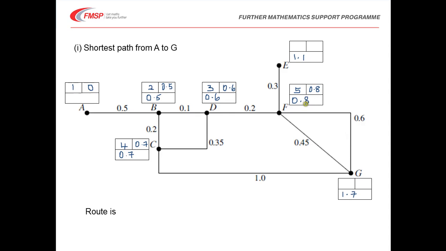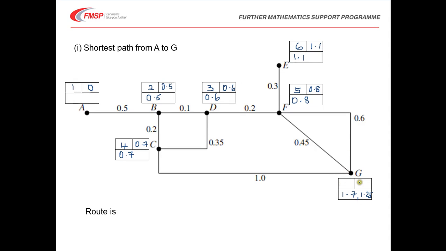So 0.8 plus 0.45 is definitely smaller than 1.7 because it's 1.25. So we're going to replace that, and that now is our temporary label. So we look at our temporary labels, and we've got a 1.1 there, a 1.25 there, so this one now is becoming permanent and is going to be our sixth.